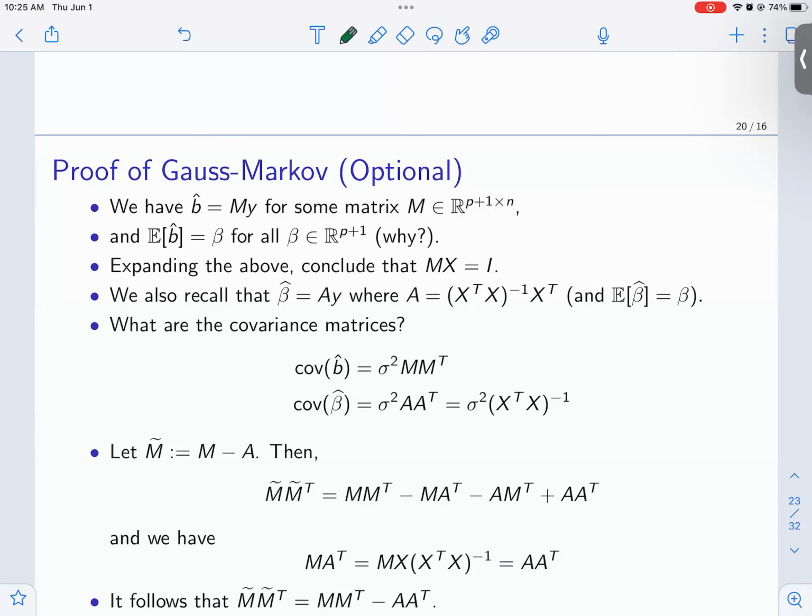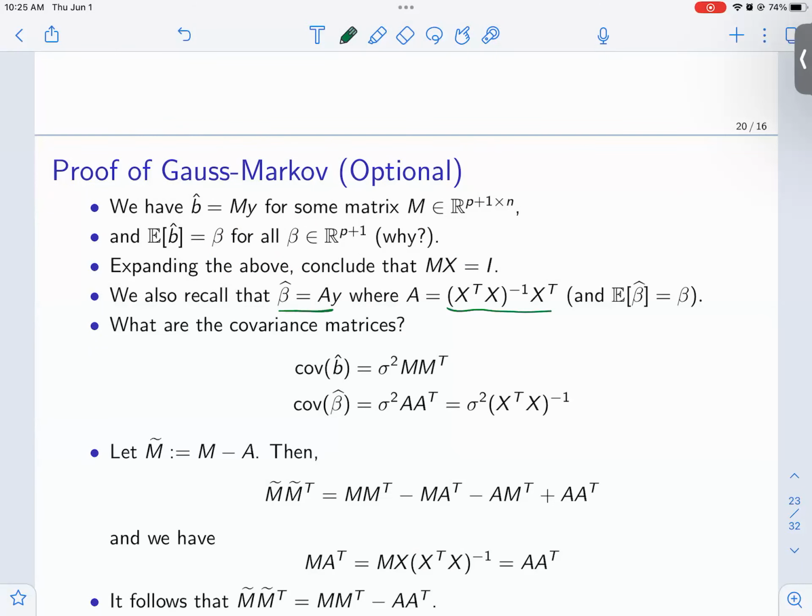You write down this expression, it tells you MX is I, because the expectation of y is X beta, so you get MX beta is equal to beta for all beta, and so MX has to be I. And you calculate the covariance matrix of beta hat, you get sigma squared M M transpose. The covariance of beta hat, we know, is sigma squared (X transpose X) inverse, and then you form the difference. So actually, I form the difference M minus A. A is this guy.